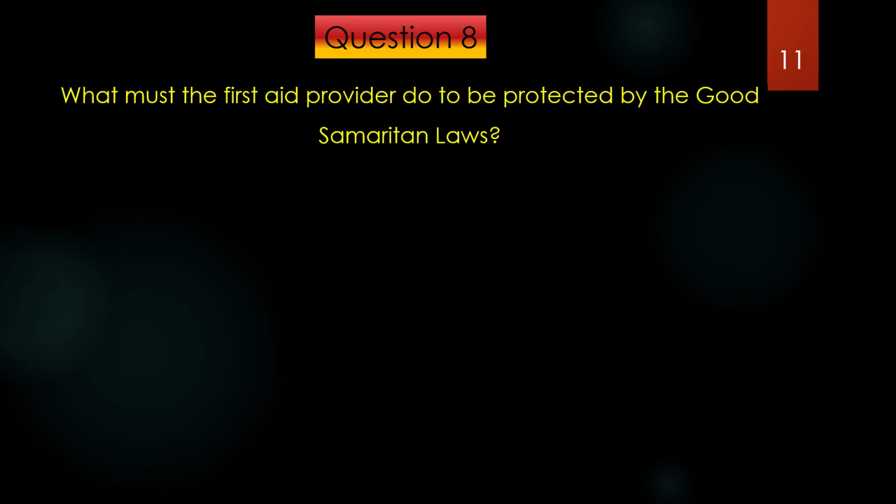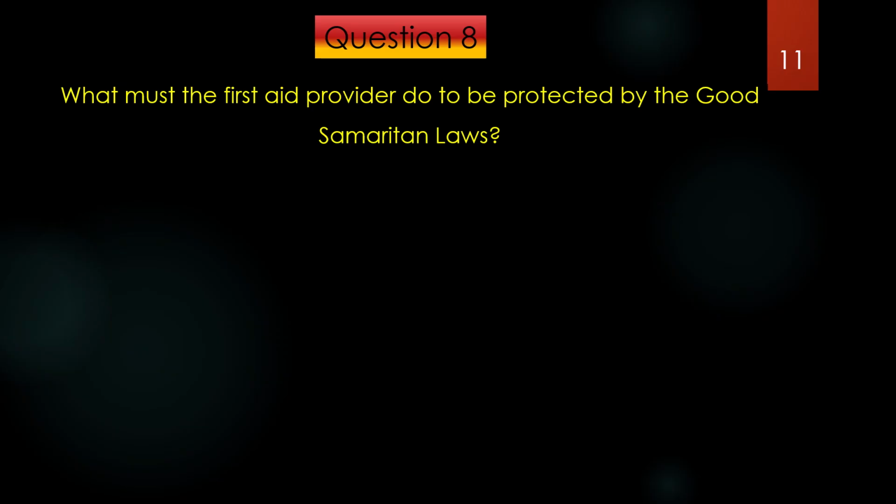What must the first aid provider do to be protected by the Good Samaritan law? So this is important. We know that Good Samaritan laws protect you, and you there means the person who is providing basic care to a patient. So what must you do to enjoy the protection of the Good Samaritan laws?